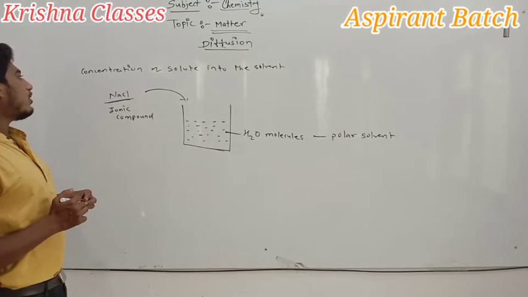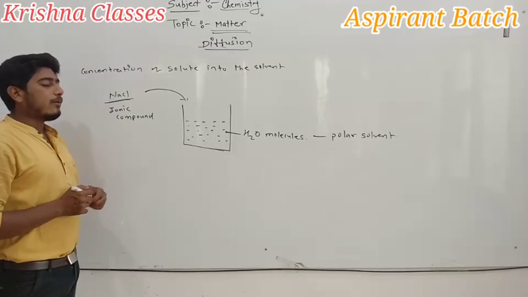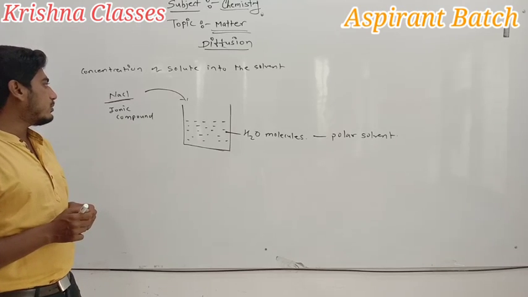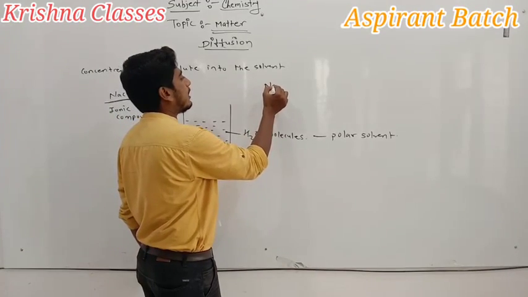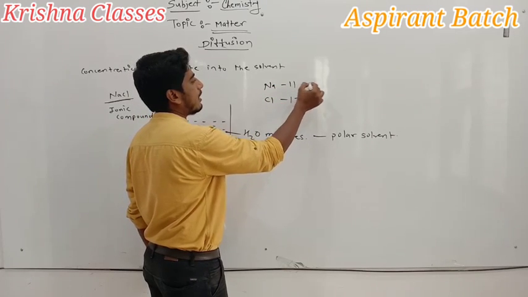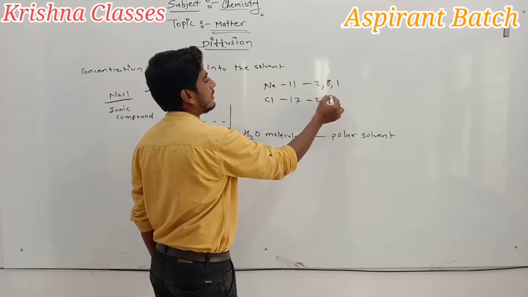That is, one electron is lost by the sodium atom and it carries a positive charge, and one electron is gained by the chlorine atom, so that chlorine gains a negative charge. We know the atomic number of sodium is 11 and of chlorine is 17. Their configurations are 2, 8, 1 and 2, 8, 7.